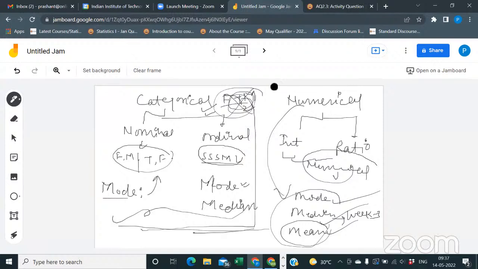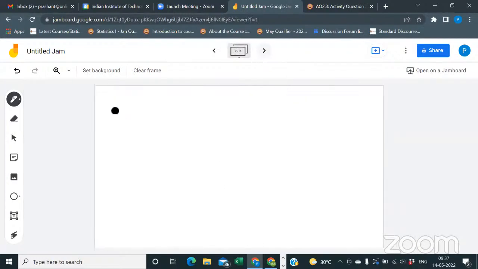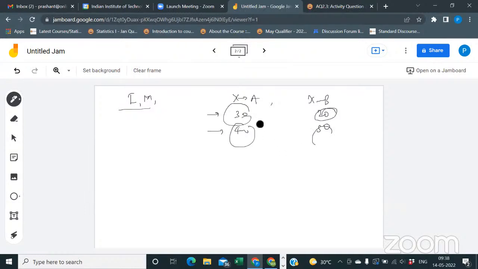Suppose instead of female and male, I am interested in a class 10th with 10th A and 10th B, two sections. Suppose in 10th A, the number of females is 30 and the number of males is 40, and in 10th B the number of females is 20 and the number of males is 50, for example. Then this is numerical data. Now you can perform this.